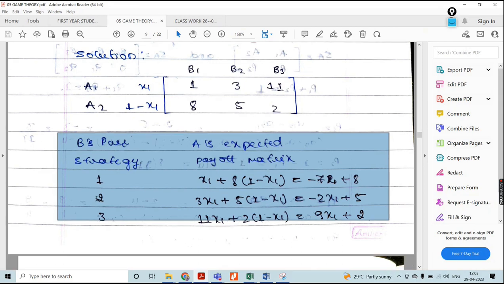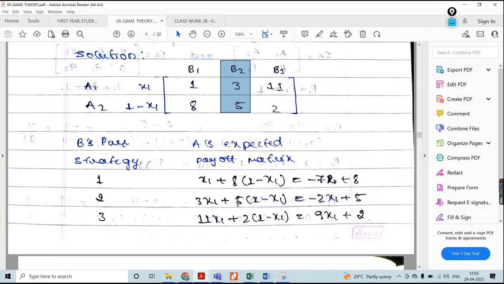Then corresponding to the second column, 3 into x1 plus 5 into 1 minus x1. If you make the simplification, minus 2 x1 plus 5. Then next, for the 11 column, 11 x1 plus 2 into 1 minus x1.